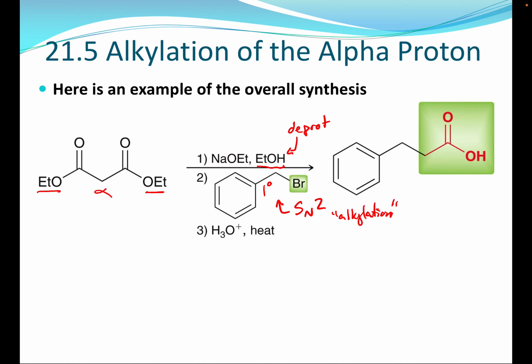And then step 3 is actually going to be hydrolysis plus our decarboxylation. We can also just write it as minus CO2. So the part that is highlighted in green here is the carboxylic acid, which originally came from the ester.